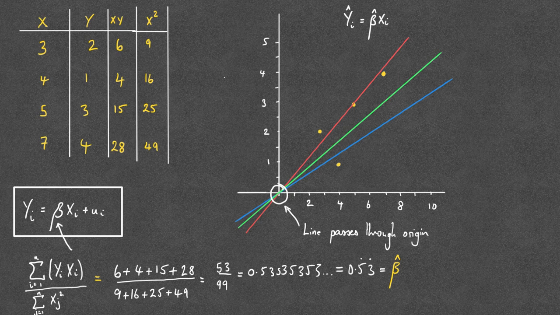Our beta hat is the estimated marginal effect of a change in x on y. And the estimated effect here is that a 1 unit increase in x would be associated with a 0.53 recurring increase in y.